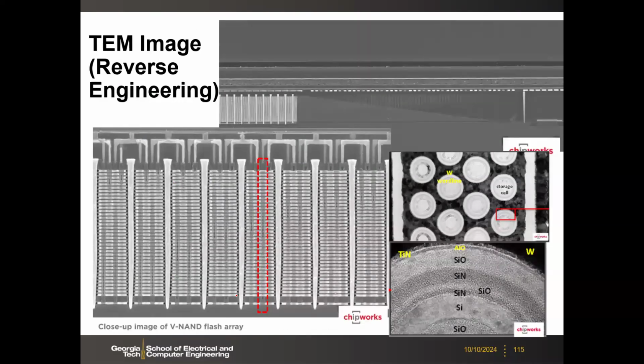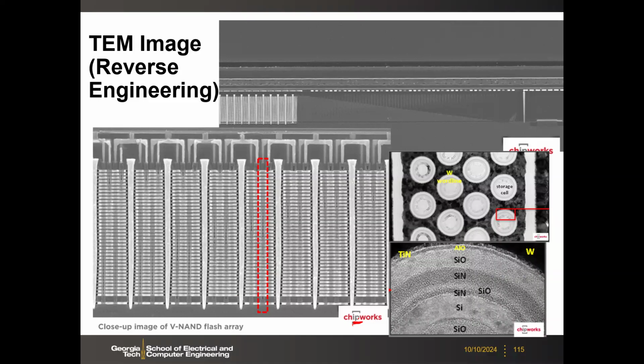So this company, which I think is now acquired by TechInsights, basically does the reverse engineering. They bought the Samsung's product and cut it, and under the microscope, they try to look into the structure.